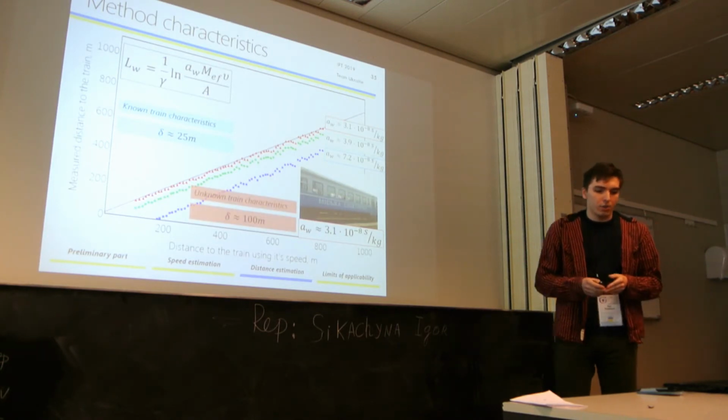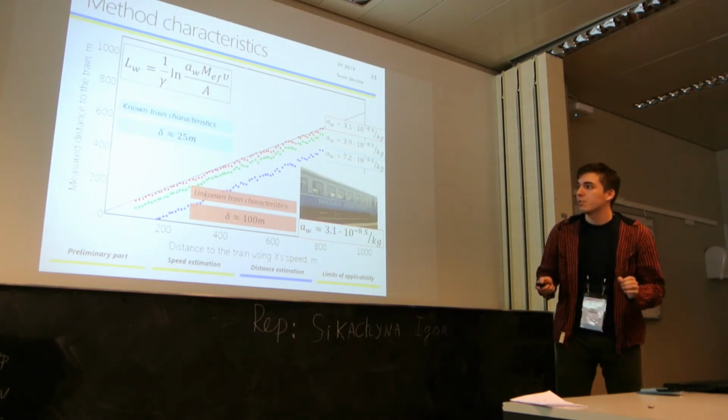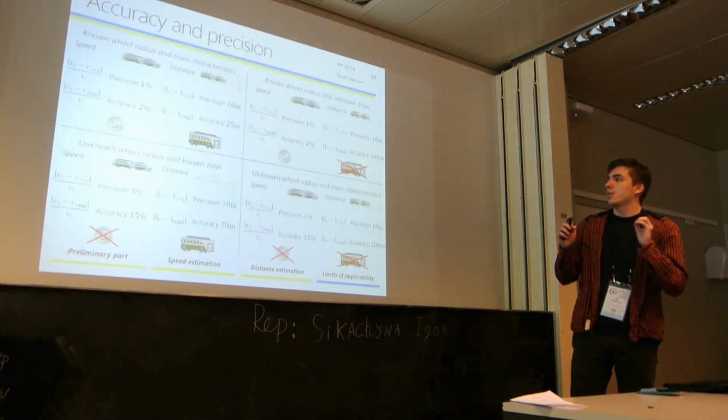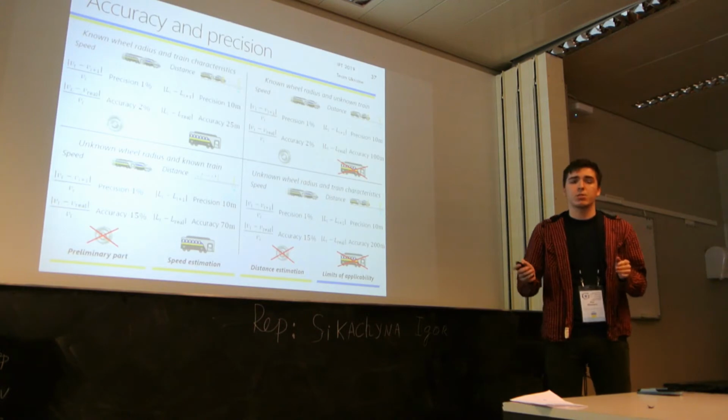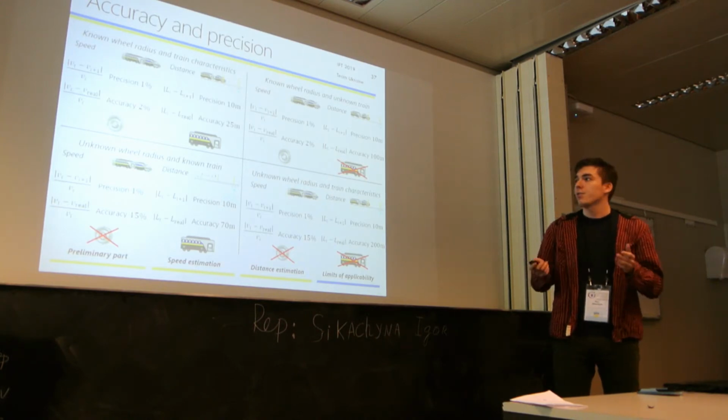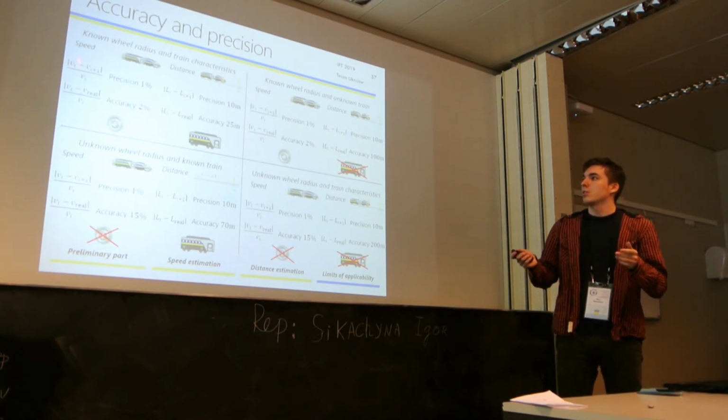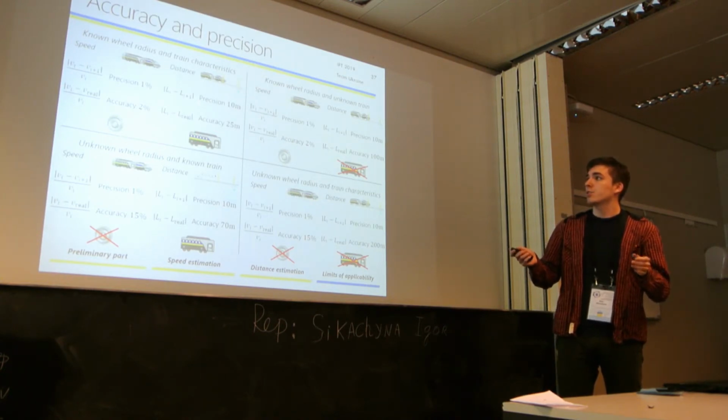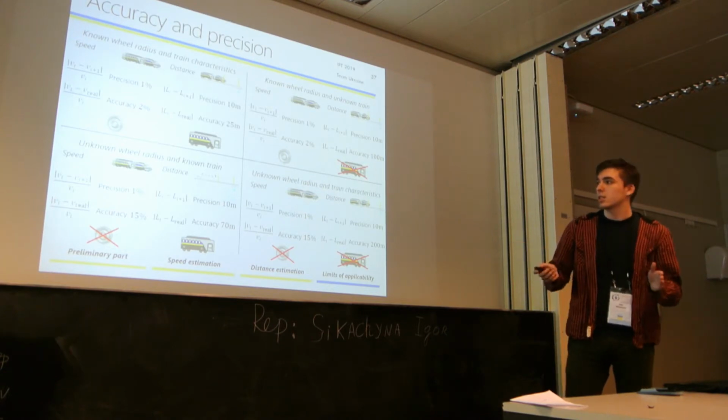So now we should discuss the limits of applicability of our methods. We understand that depending on the amount of information we have, we will get different results. So if we know the wheel radius and the amplitude characteristic of the train, we will get much better accuracy and precision for both speed and distance.